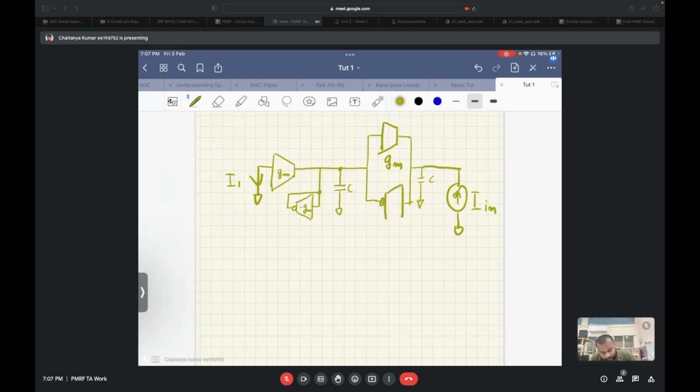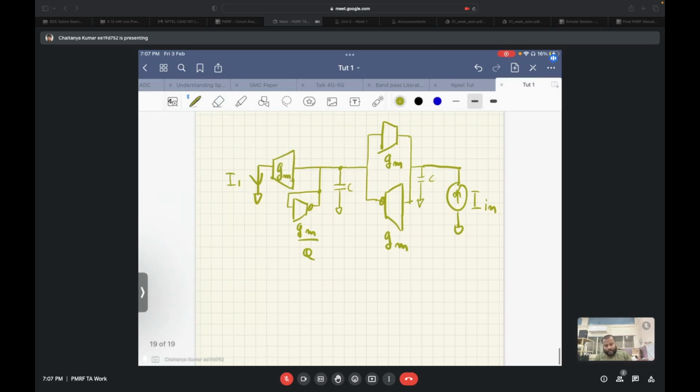So this comes in this direction, GM. This also becomes inverted, and this was GM by Q. And this is again GM. So we will apply a current I in in this direction and see what is the output current over here.